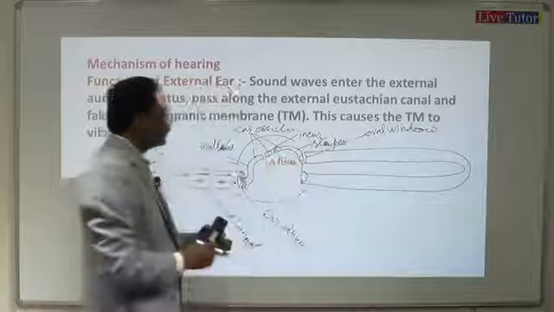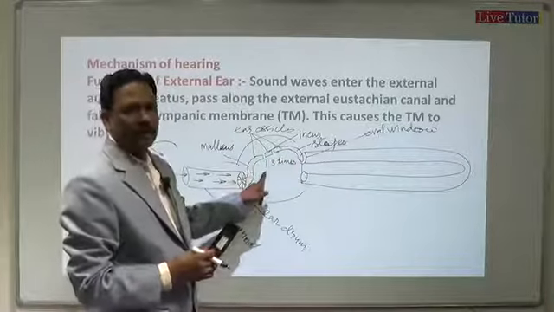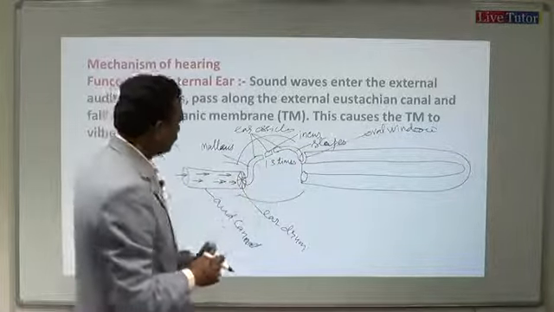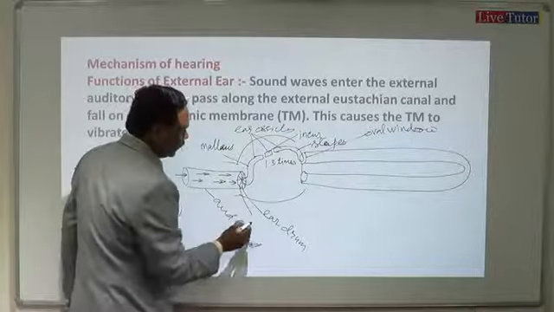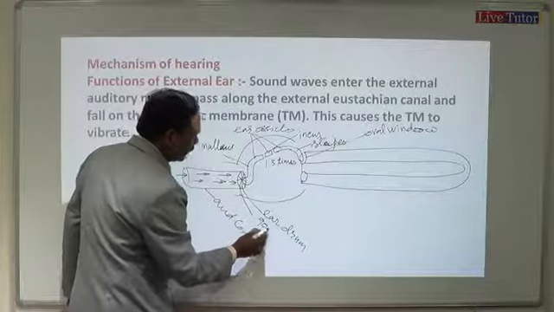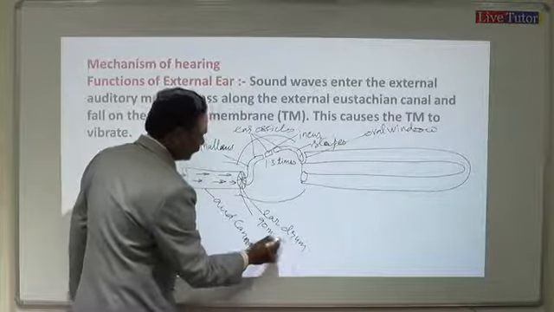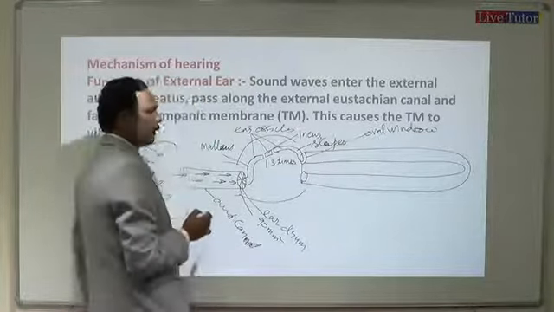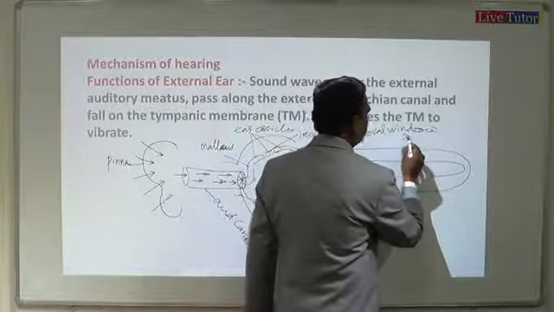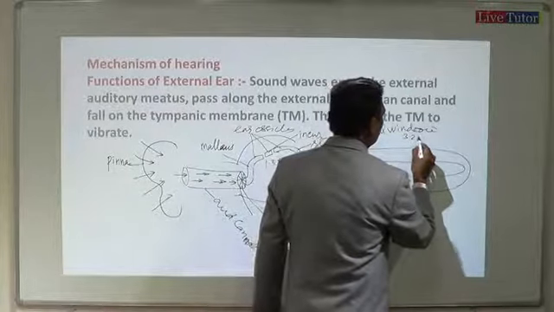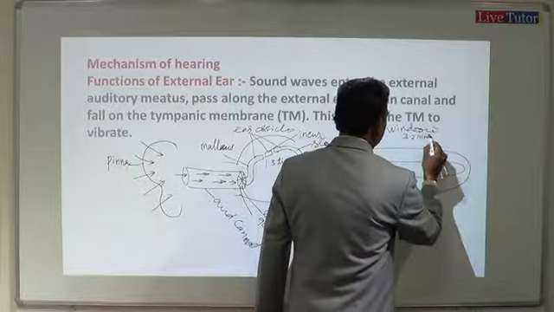The surface area of the eardrum is about 90 square millimeters. The surface area of the oval window is about 3.2 square millimeters.